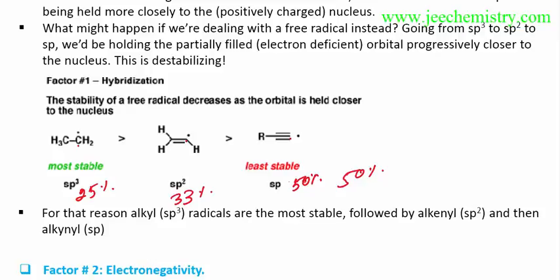This has more s character, this has less, and this has the least. As the s character increases, the free radical is closer to the nucleus, and the nucleus has a positive charge. It is closer to the positive charge. Positive charge already means electron deficiency, and it is closer to the electron deficient nucleus, so it is less stable.